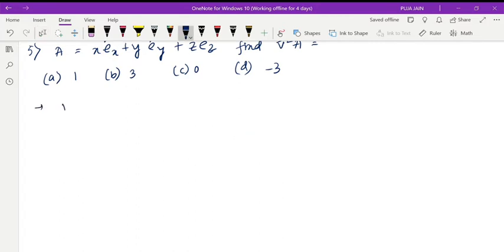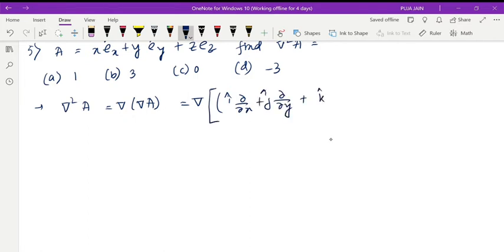Now you see del square A, that is equal to, we can write del dot A. Okay. So this is the i cap del x plus j cap, for rectangular coordinates, we can write del as this. A vector is given x ex plus y ey plus z ez.